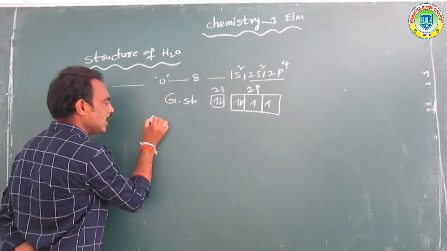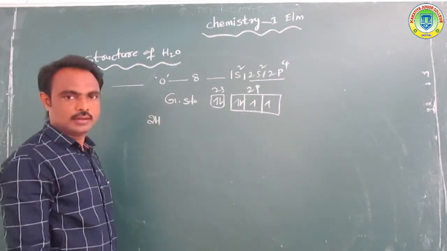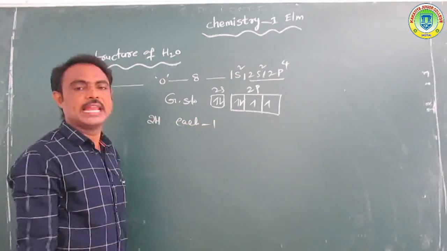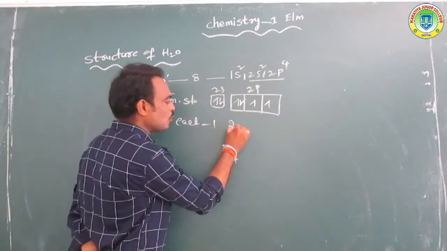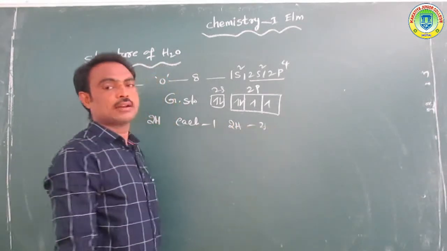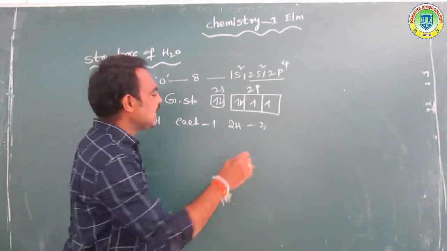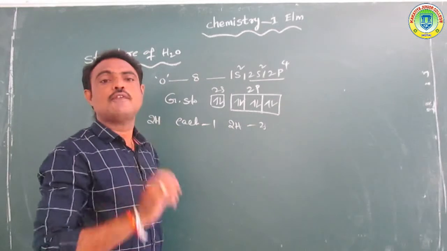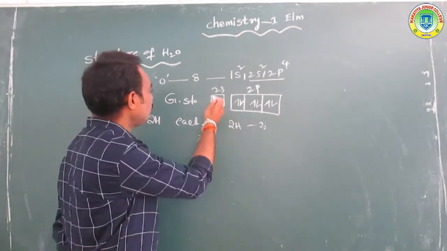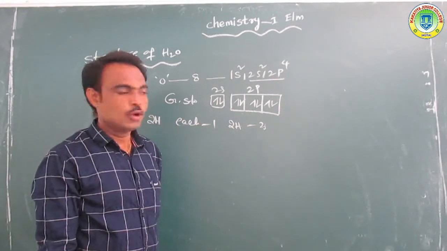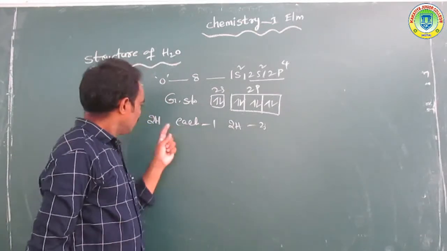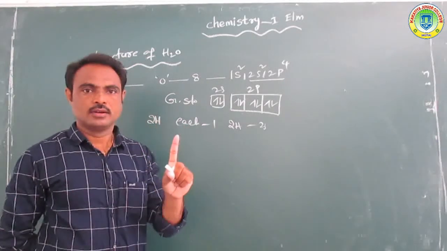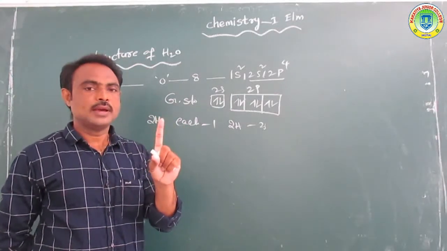Suppose there are 2 hydrogen atoms. Each hydrogen atom contains 1 single electron, atomic number 1.